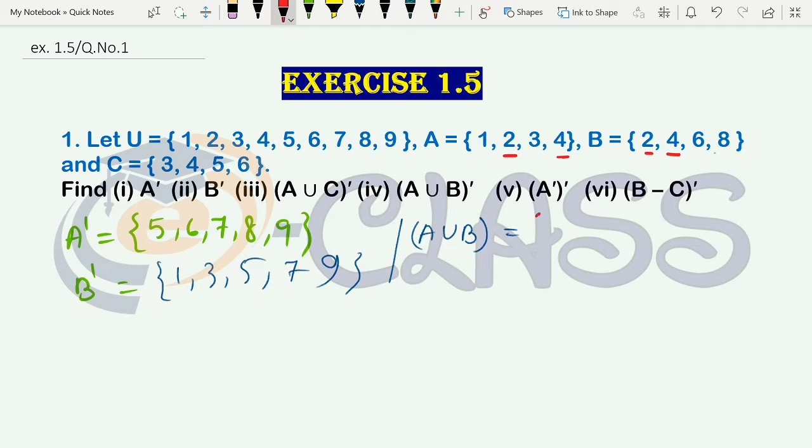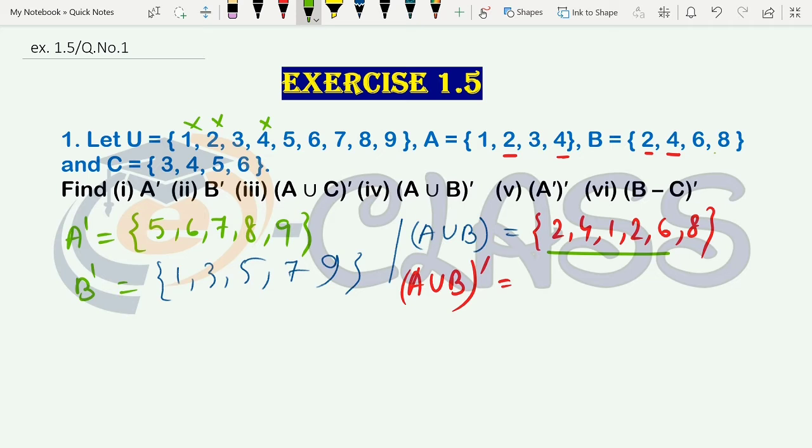So just write 2 and 4, and there are no other common elements, so write the remaining elements 1 3 6 8. Now A union B complement equals, so just ignore these elements in U.